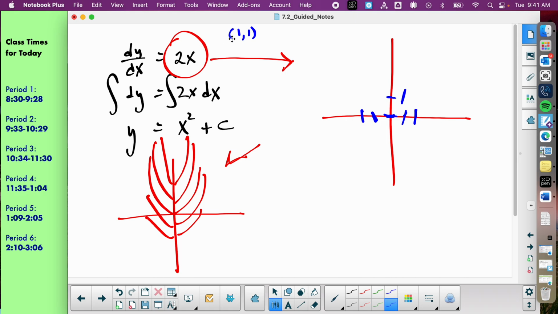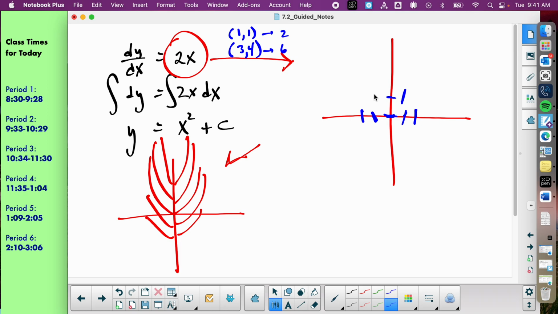And if I plugged in 1, I'd get 2 times 1 is 2. If I take the point 3, 4, the x is 3, the y is 4. I would only plug in the x because this equation only has x's. Some of the differential equations we had x's and y's. This one just has x's. So this answer would be 6.